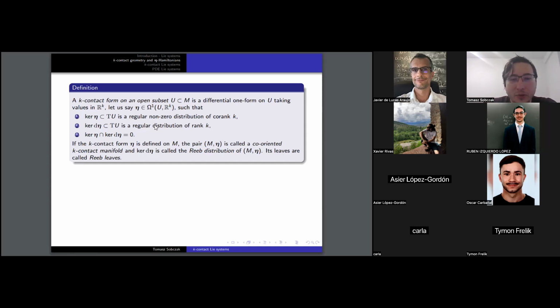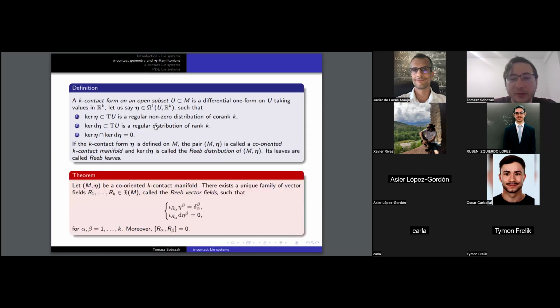And yeah, so if we have a co-oriented k-contact manifold, then we can prove that there exists a unique family of k vector fields that fulfills such a condition. They are really nice because they span the kernel of the eta, because each one of them is 0 on each d eta, and contracted with eta itself, it gives us 1.